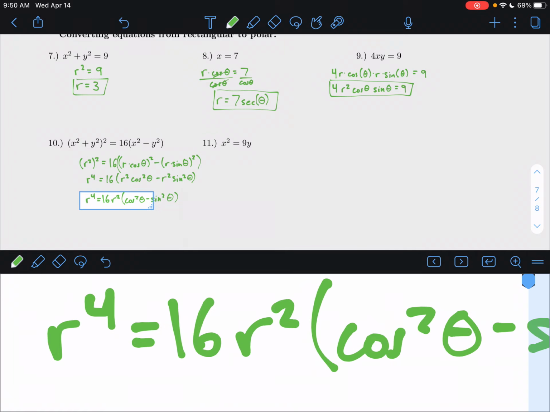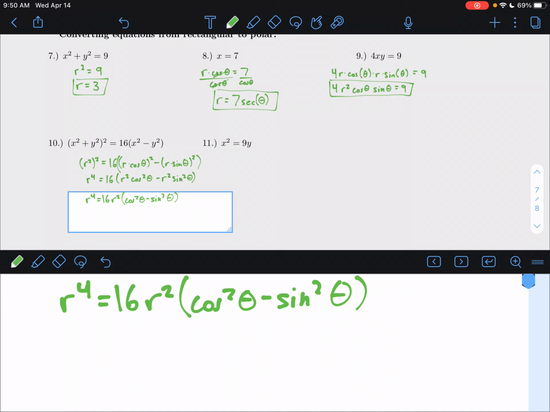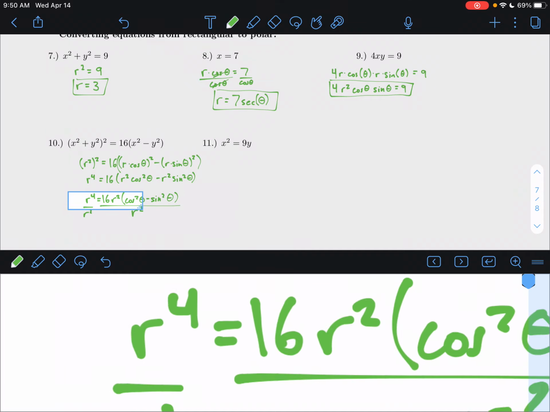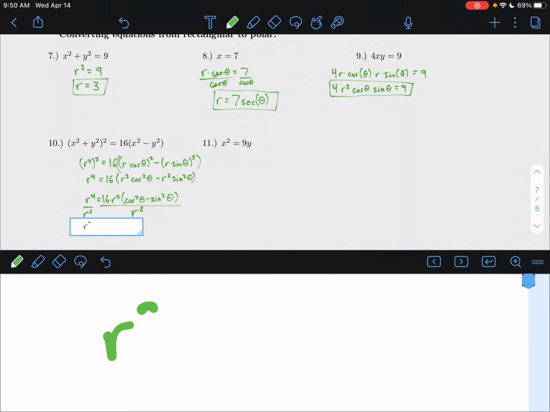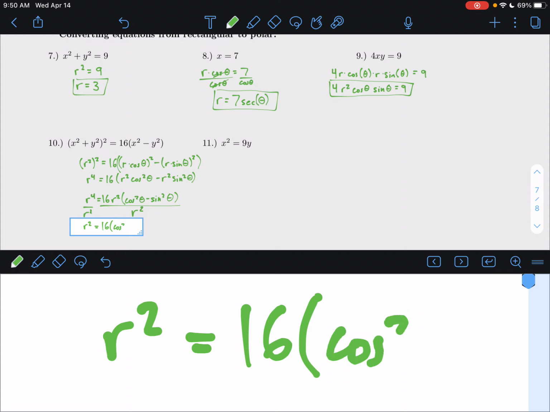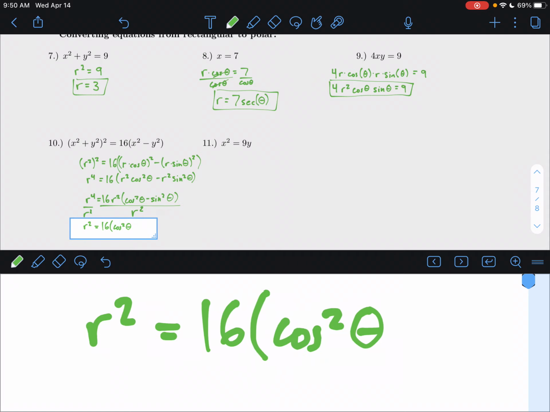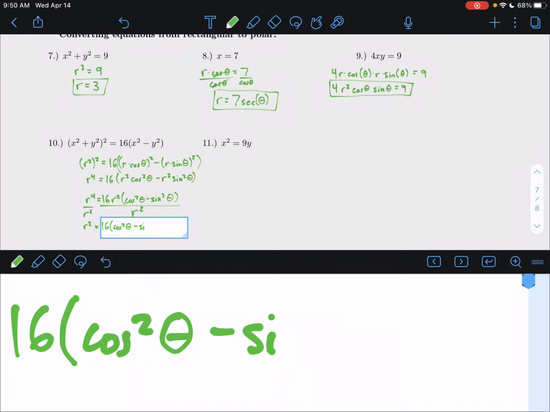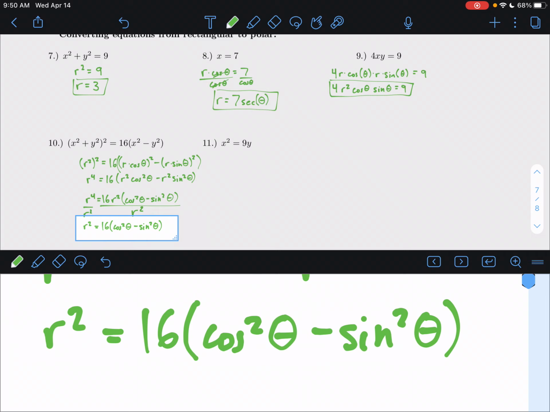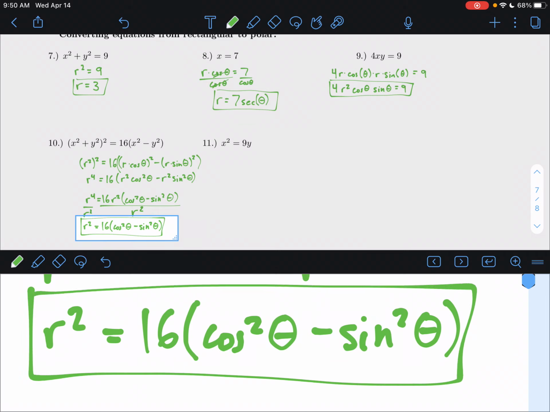And then I can divide both sides by r squared to get r squared equals 16 times (cosine squared of theta minus sine squared of theta). And I will leave that as my answer: r squared equals 16 (cosine squared of theta minus sine squared of theta).